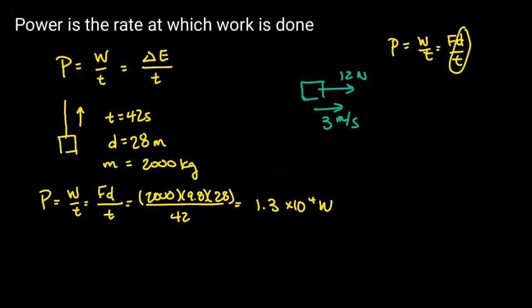Displacement over time, we remember from kinematics, is equal to velocity. So power can also be calculated from the force times the velocity, and here we're assuming that the force and the velocity are in the same direction. To calculate this problem, we just take 12 times 3 and we get 36. So 36 watts, and the unit of power is watts.